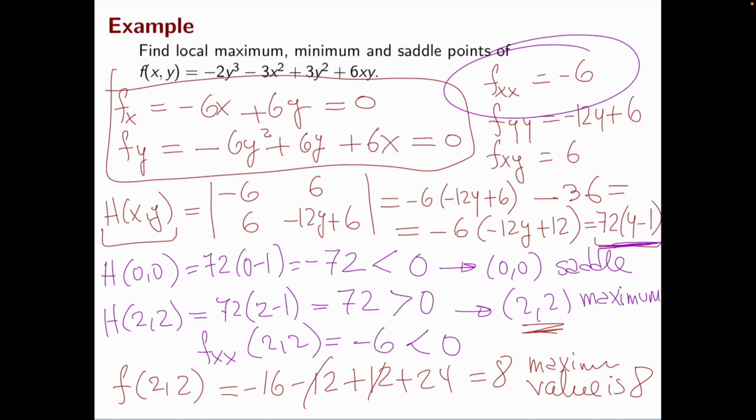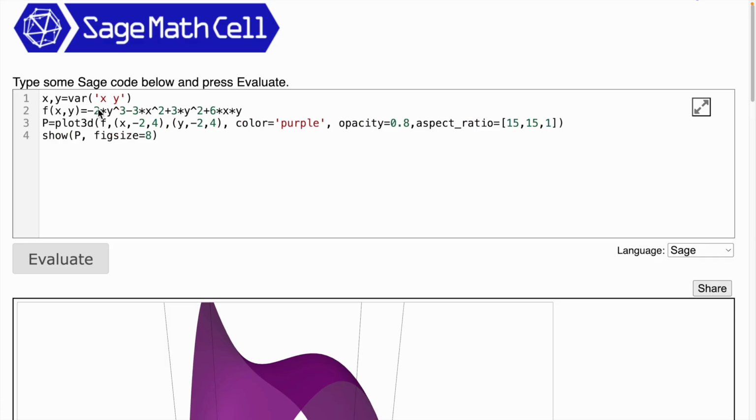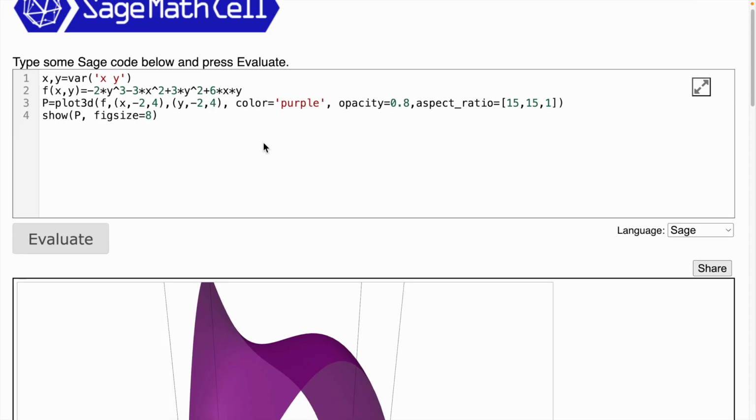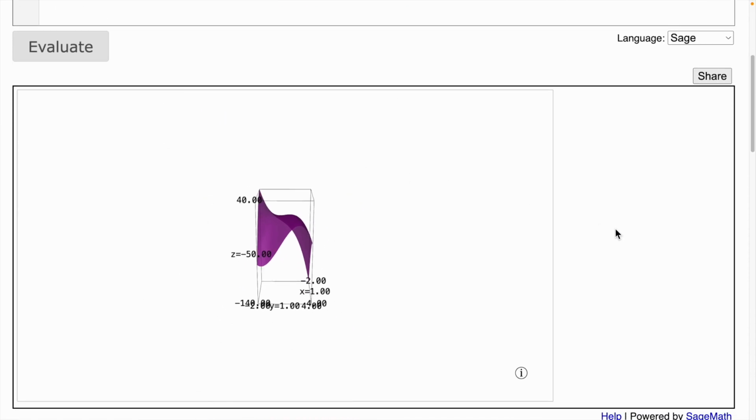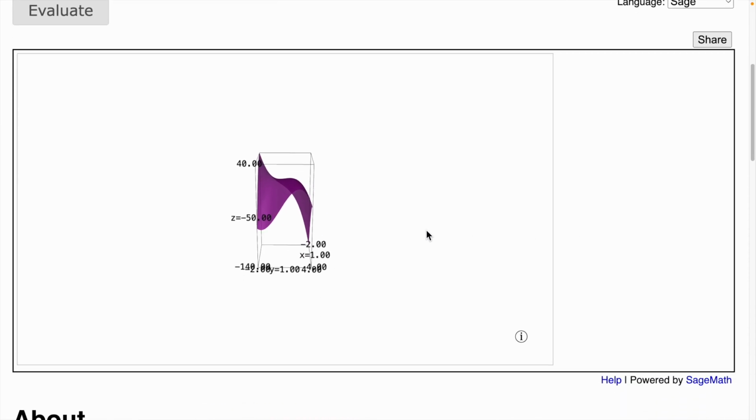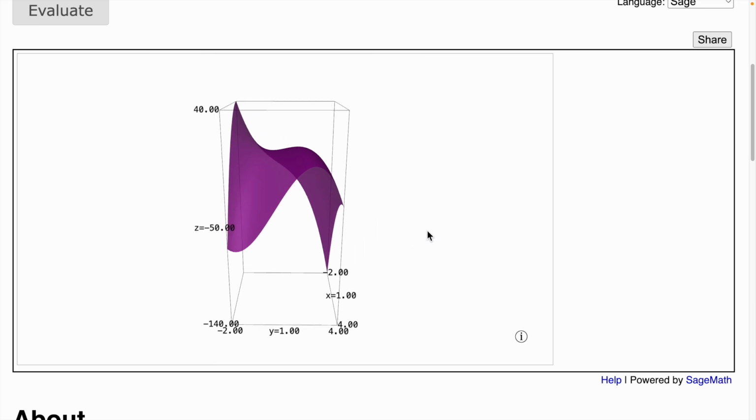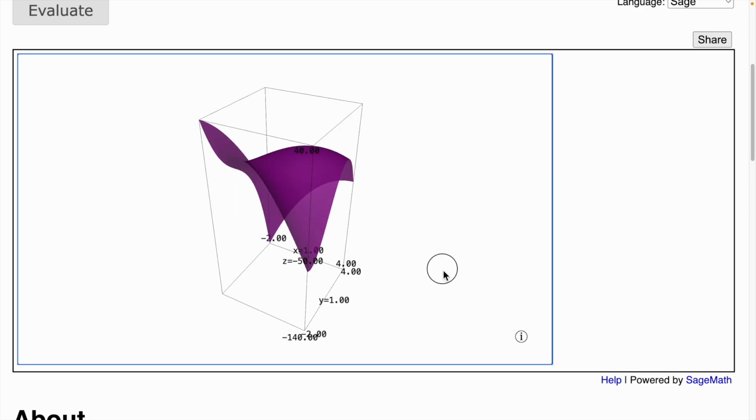Let's take a look at the function. So let's graph the function. This is the expression of the function that we have, and this is the graph that we obtain in Sage. So let's look at this function from different viewpoints.